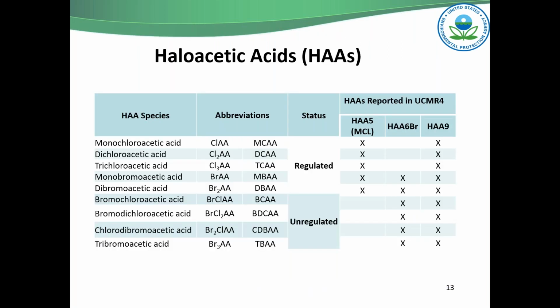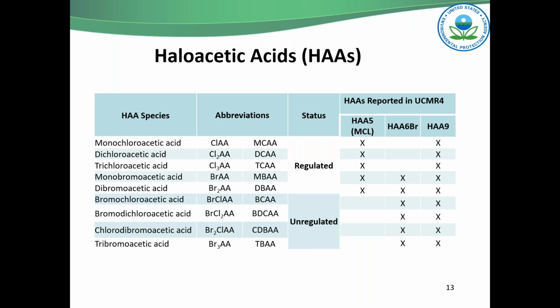Here you see a table, this is slide 13, which lays out the different categories of haloacetic acids as they pertain to both those that are regulated and unregulated. So the last 4 rows include the 4 unregulated brominated haloacetic acids, and you see 4 of those are included in the HA6Br, as well as in the HA9Br.